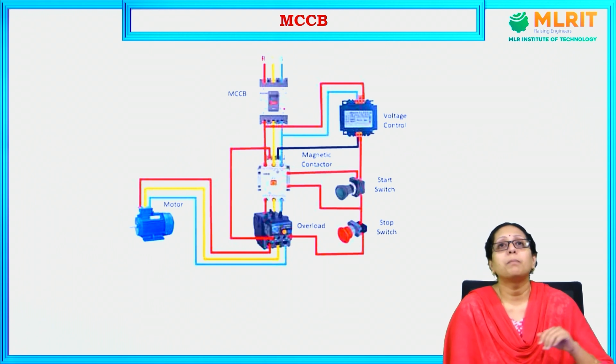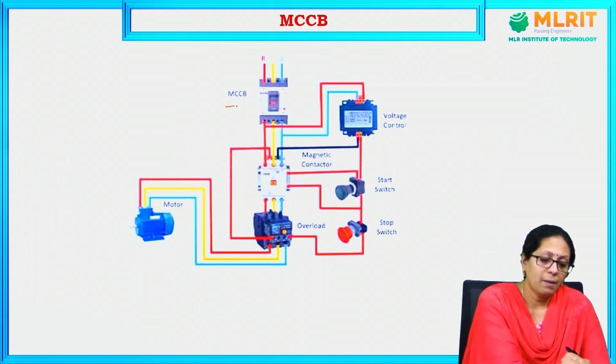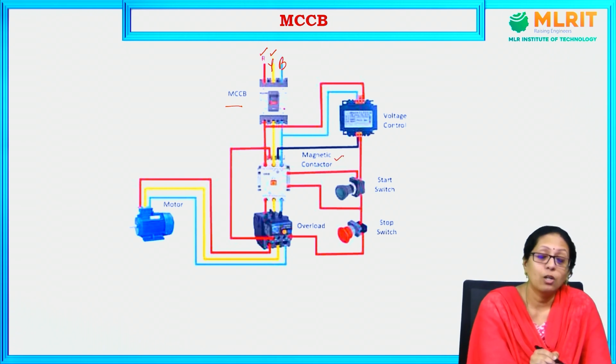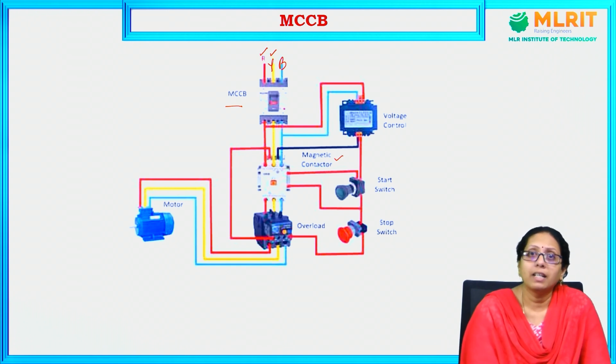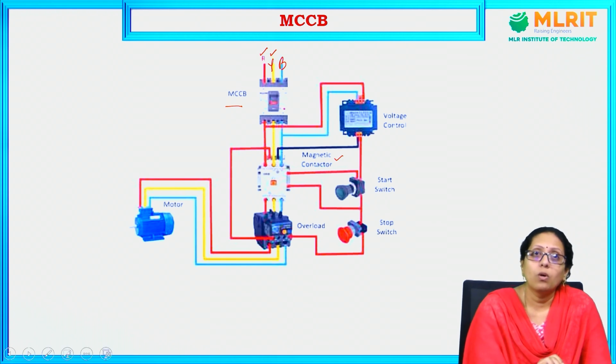This is another picture for MCCB. Here you can see the MCCB with 3 wiring, that is R, Y and B. This is being connected to a magnetic contactor, and that is connected to this overload and then to the motor.